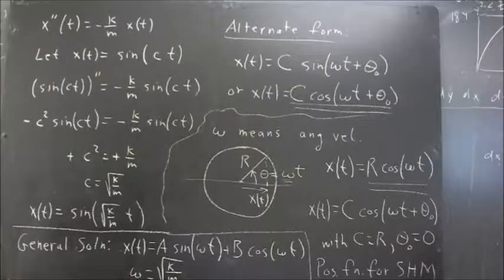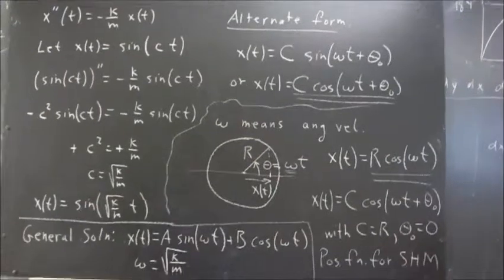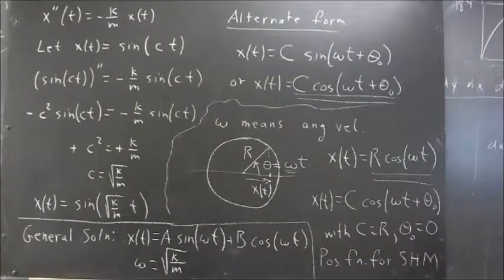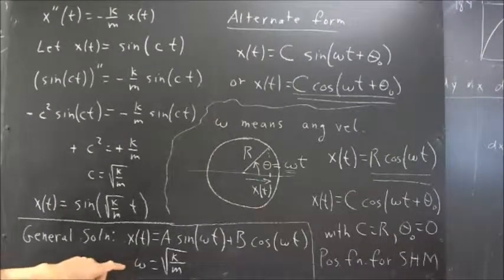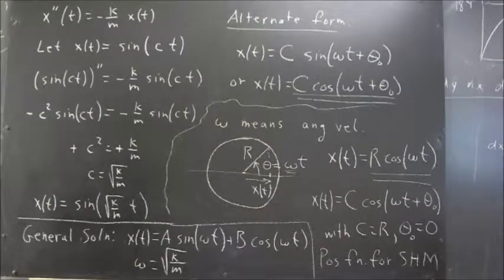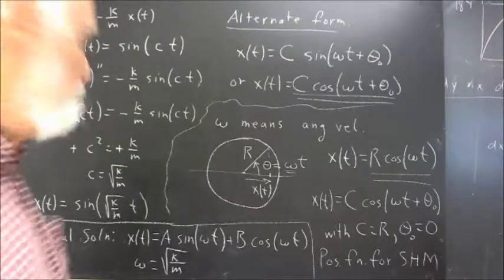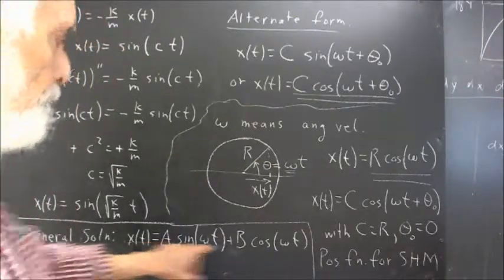And of course there's a method behind the madness of that substitution, because we're going to get very quickly into our familiar definition of omega. Okay? Now, there are alternate forms of this.